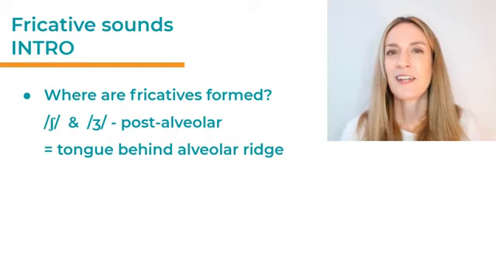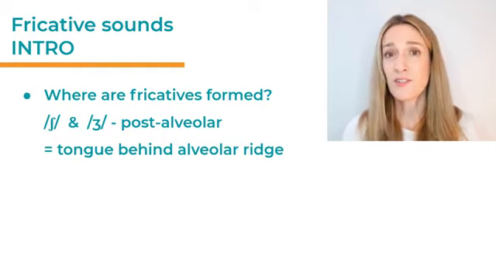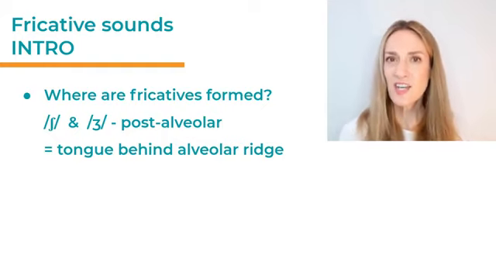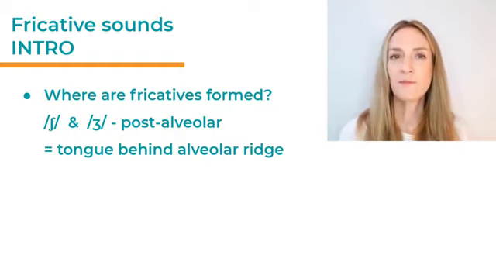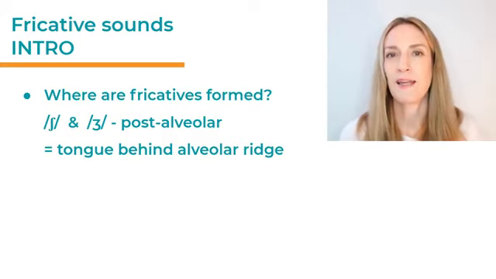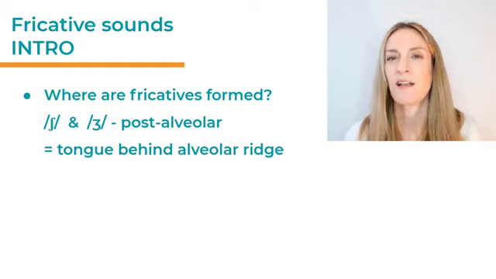Let's have a look at the next pair, sh and zh. Now those are very close to s and z, just a little bit further back. Sh and zh. Our tongue moves a little bit back, and we call this place post. Post means after, of course. Post alveolar.